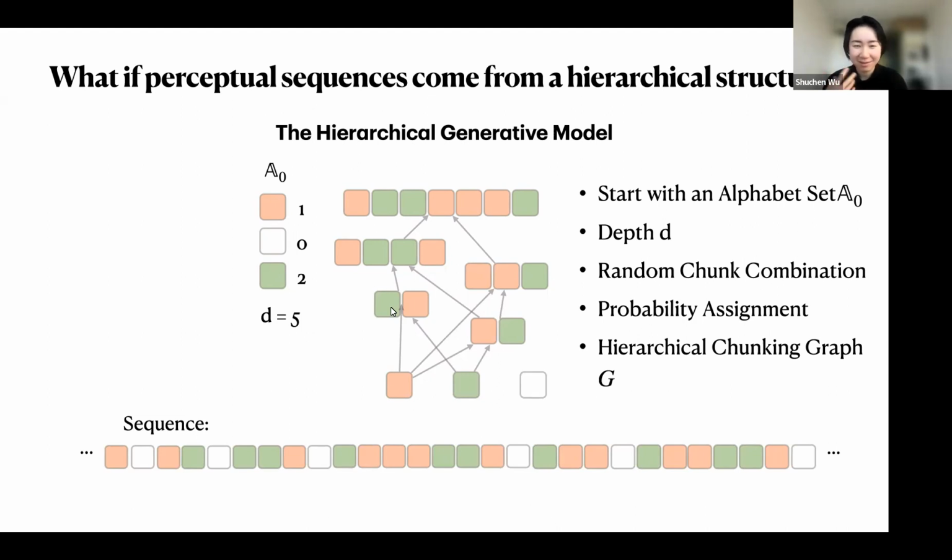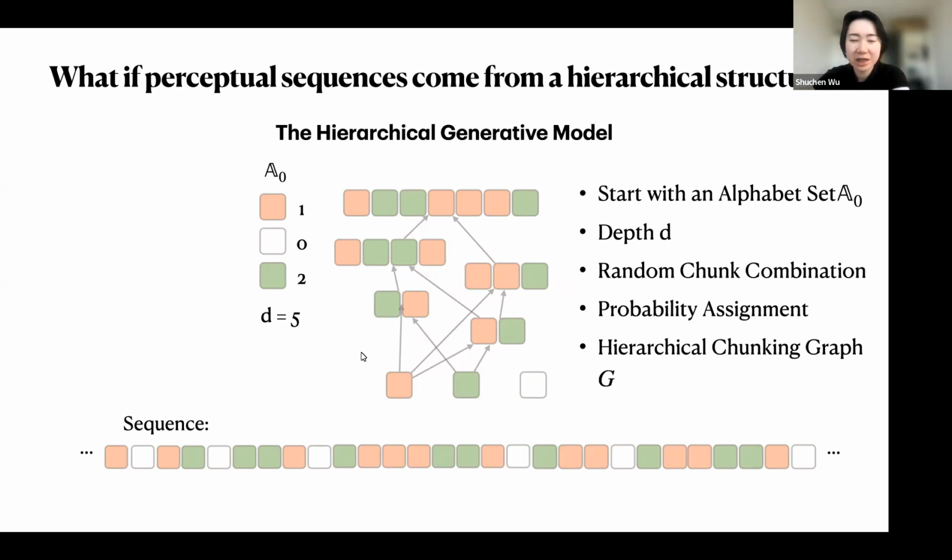Then these objects can also be combined, like you can combine red-green and green-red into red-green-green-red. These types of new objects can be created by recombining existing objects, and up to 5 objects you can create in this world. So D basically denotes the new objects you can create by recombining the previously created objects.